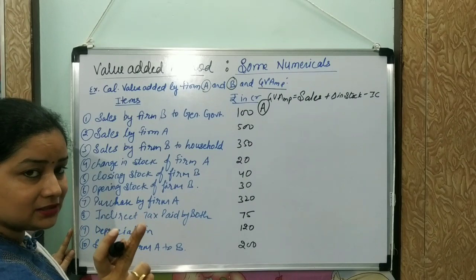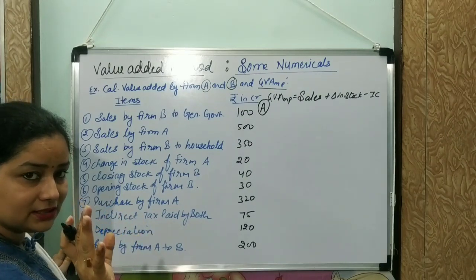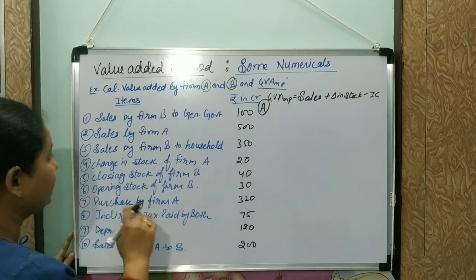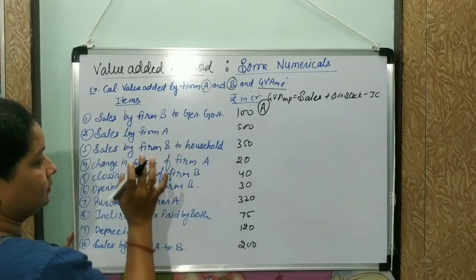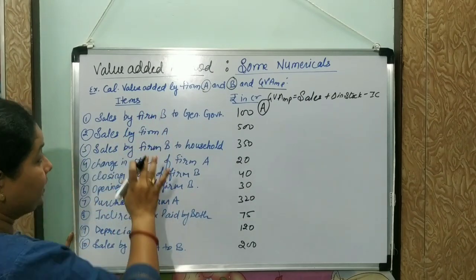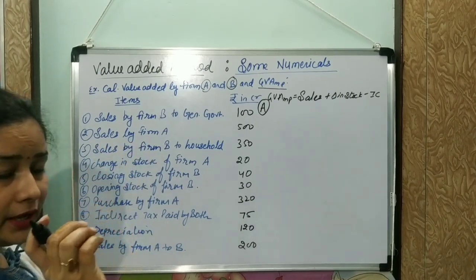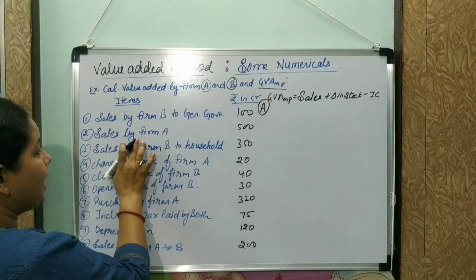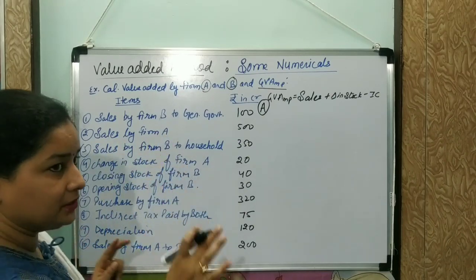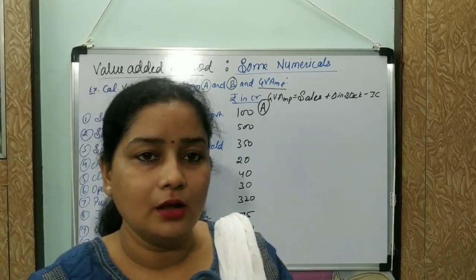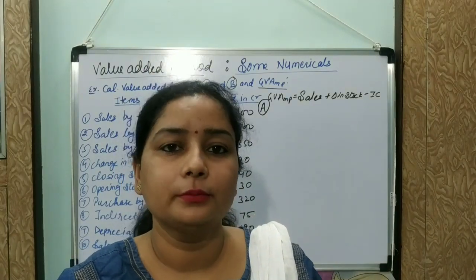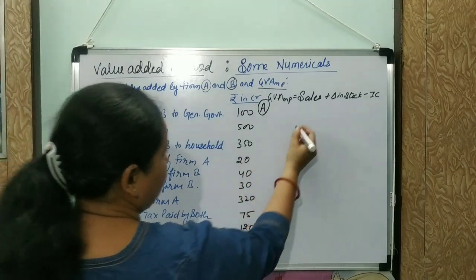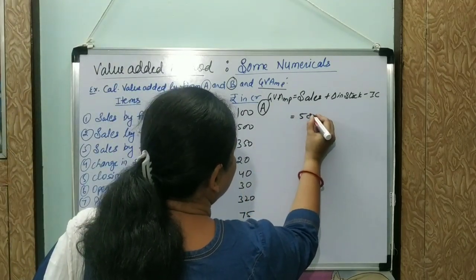So here domestic sales are coming, sales in different parts, of B. Right. Then there is sales by firm A. The complete sale is given. It means that if you are given sales by firm A, it is a final sale created by firm A. Right. So here we have sales by firm A as 500. We'll use 500.